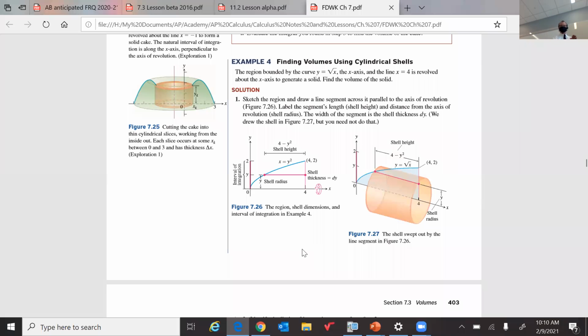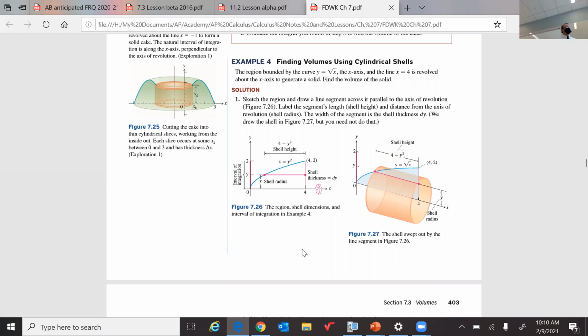So we're back here looking at example 4. What they're trying to do is take this area, which you see is bordered by root x, x equals 4, and the x-axis, and they're spinning it around the x-axis. And you get that can, right now sitting on its side.